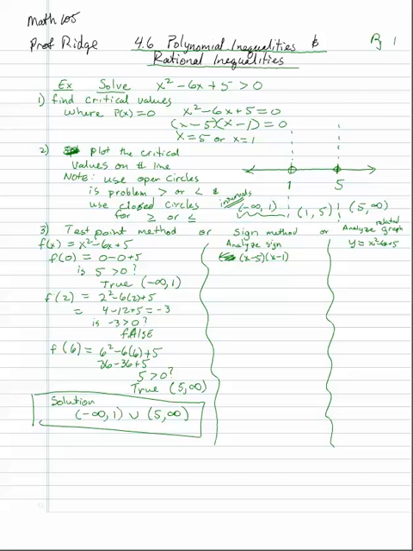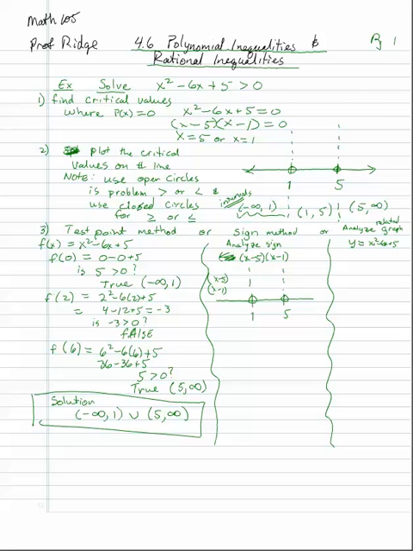And what I do is I pick the interval. So actually, here's the way I do it. I have my 1, I have my 5, my x minus 5, my x minus 1. I pick a number in each interval, and I plug it in.